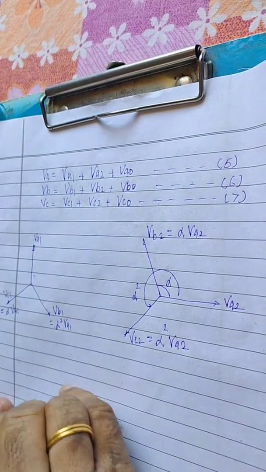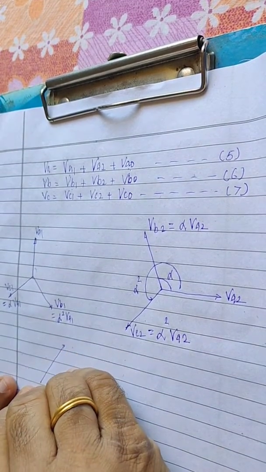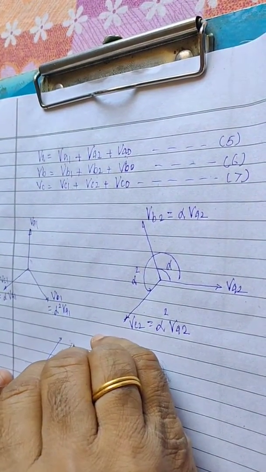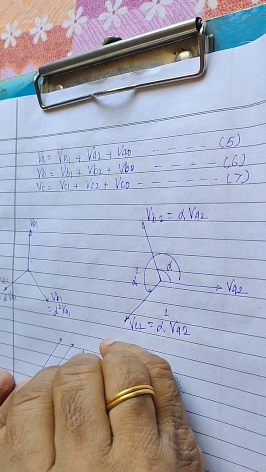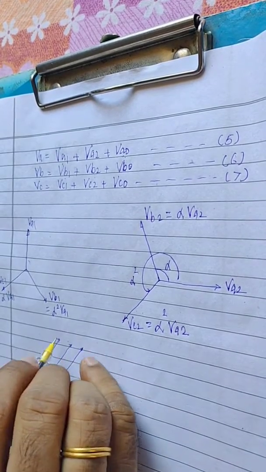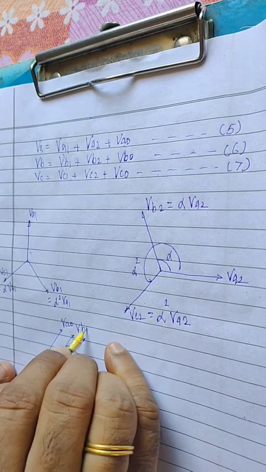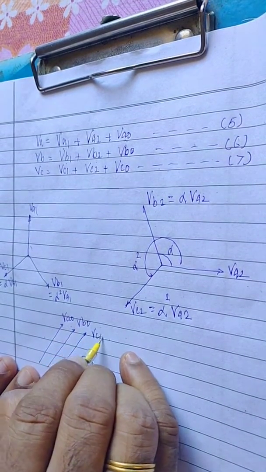And for the zero sequence component, we have seen all phasors are of equal magnitude and same phase displacement, parallel: VA0, VB0, this is VC0.